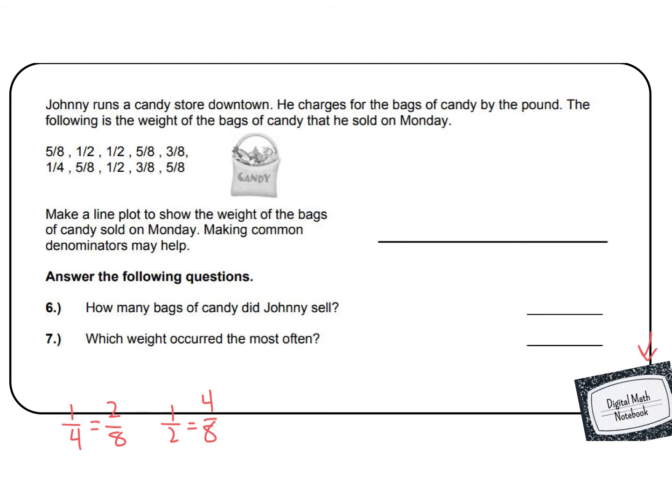So I know that 1/4 is smaller than 3/8, which is our other eighths. So our first is going to be 1/4, then 3/8, then 1/2, then 5/8. So I'm putting them in order from least to greatest.